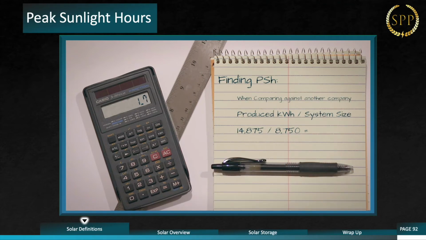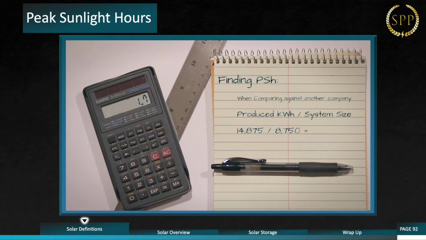Now, let's say that we're comparing systems with another company. We need to figure out what they determine to be the yield or the peak sun hours. So when comparing, all you have to do is get the produced kilowatt hours and divide that by the system size. Why is this important?